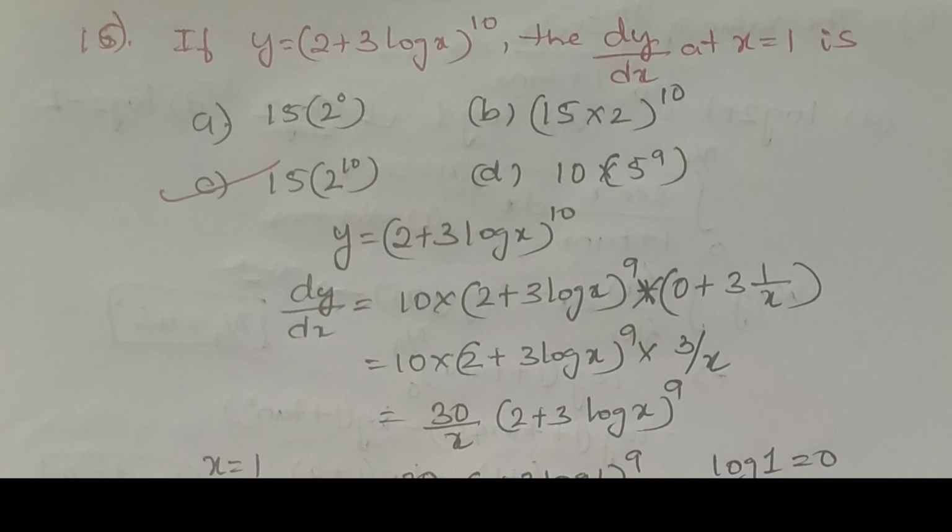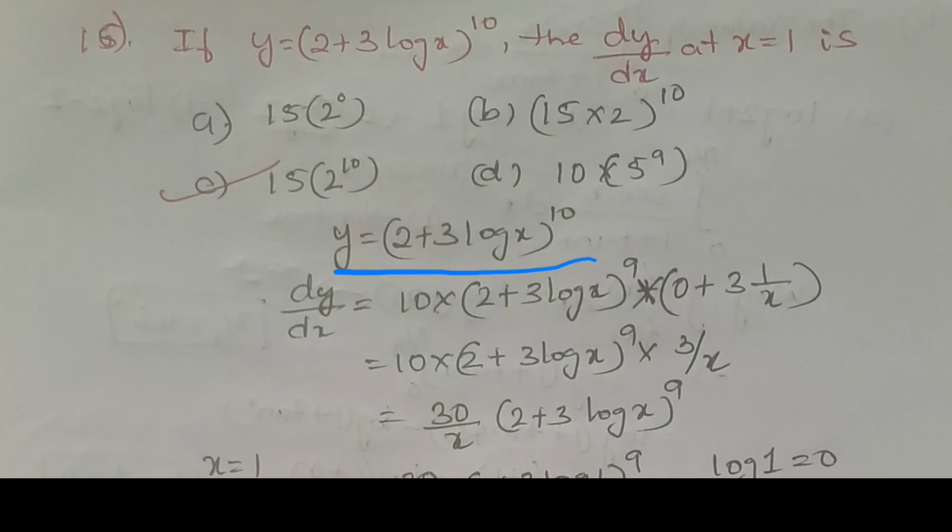Next question, if y is equal to (2 plus 3 log x) to the power of 10, find dy by dx at x is equal to 1. The answer is given as 15 into 2 to the power of 10. So if you solve, y is equal to (2 plus 3 log x) to the power of 10.